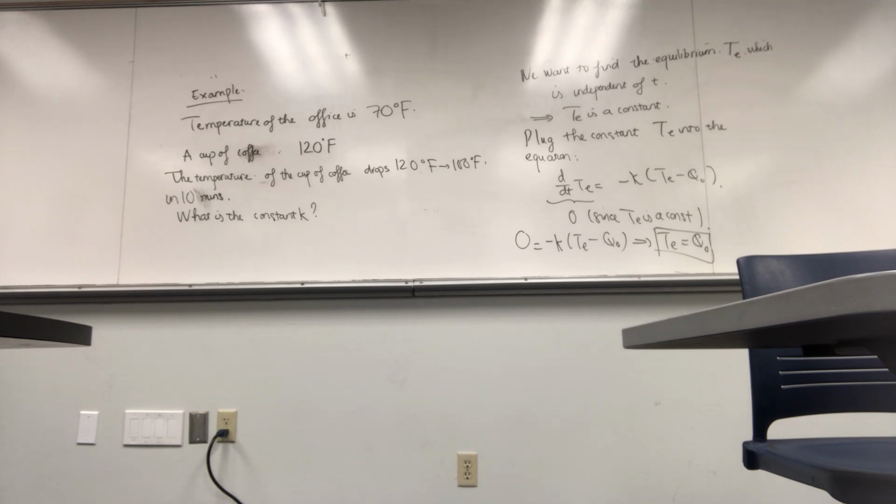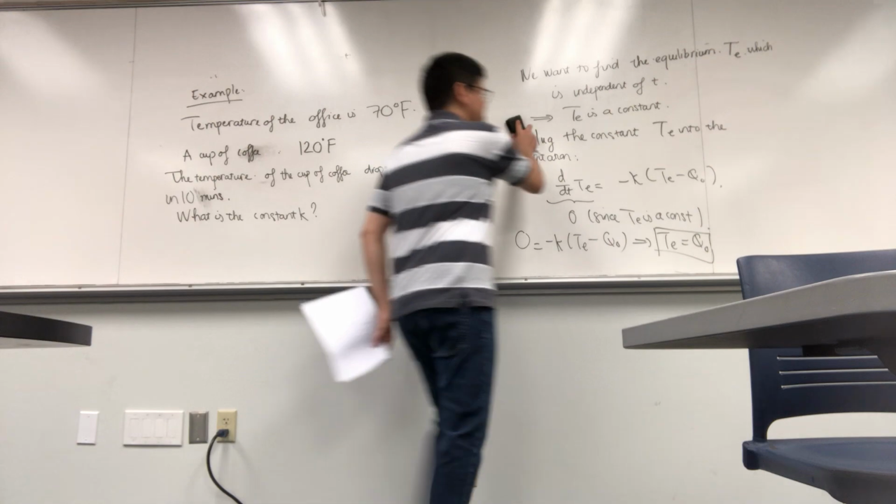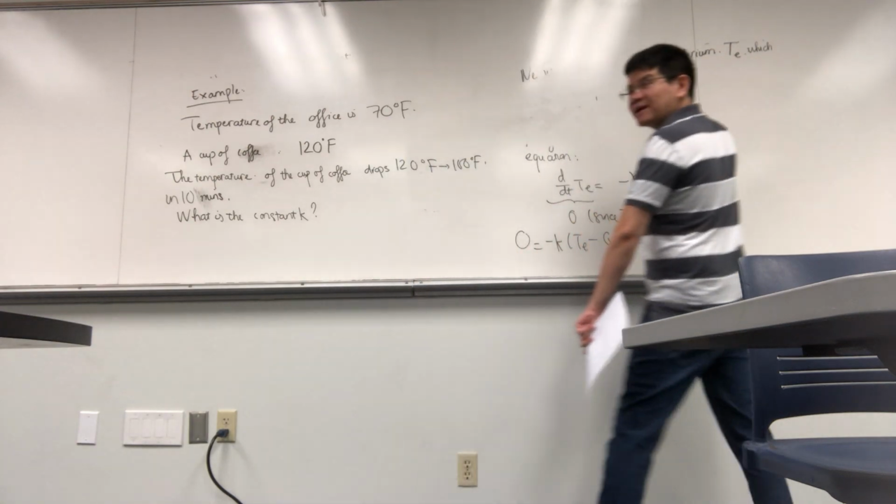We don't use the equilibrium equation; we use T of t equals q0 plus C e to the minus kt, where C is T0 minus q0. We can put in the numbers that are given. Right, so we're going to use the formula that we had before.